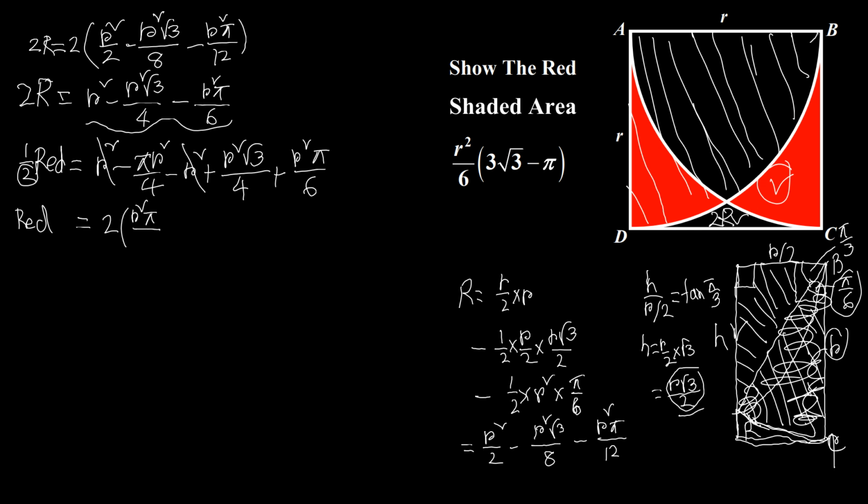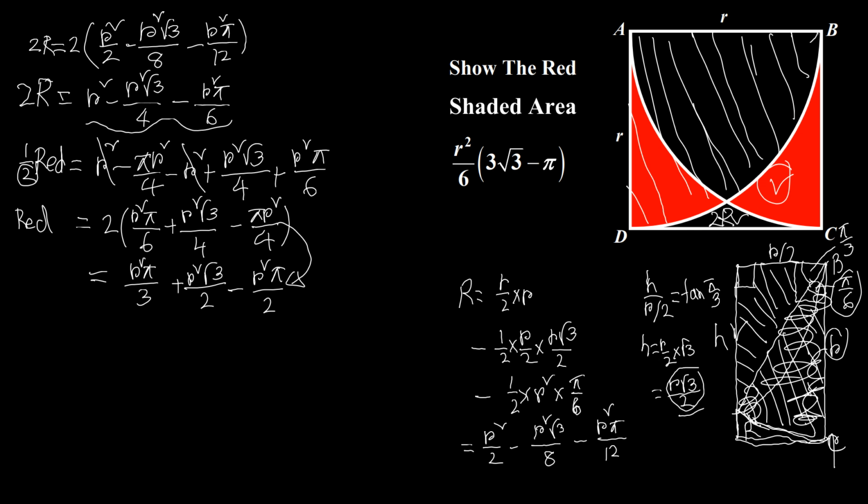let us write first the positive part, pi r square by 6 plus r square root 3 by 4 minus pi r square by 4. First we multiply with the 2, then it gives us pi r square by 3, then plus r square root 3 by 2, another one minus pi r square by 2. I wrote it like that because we already multiplied.